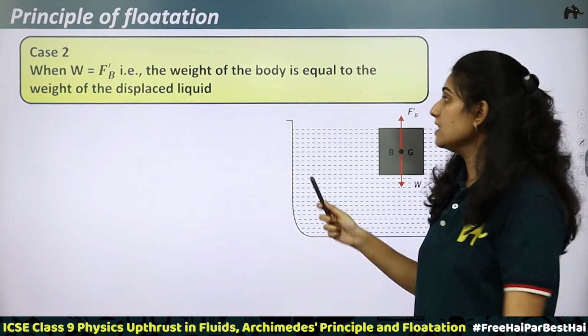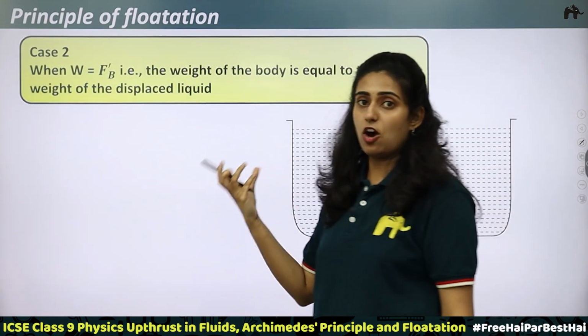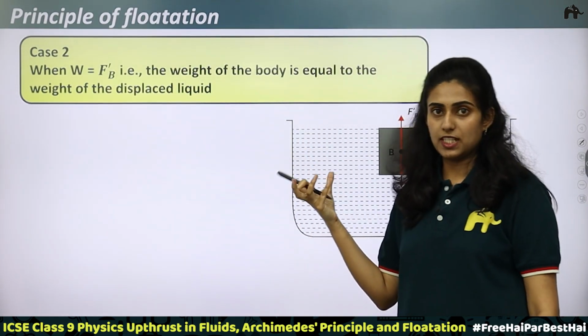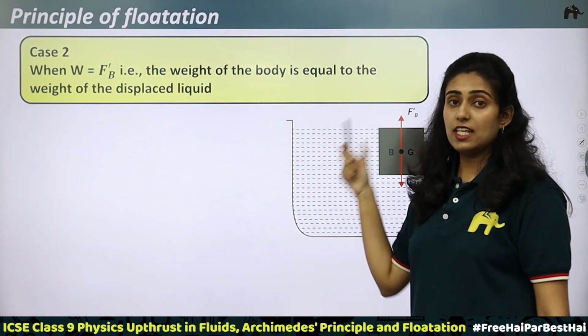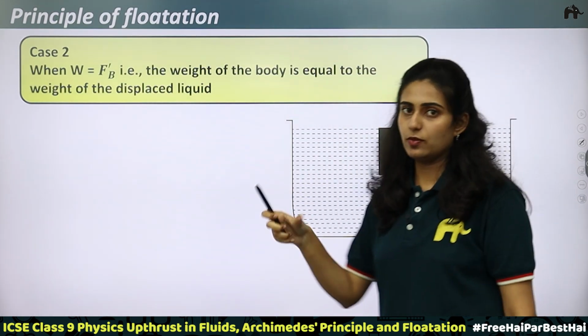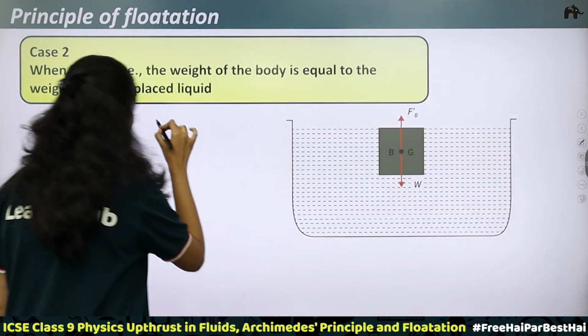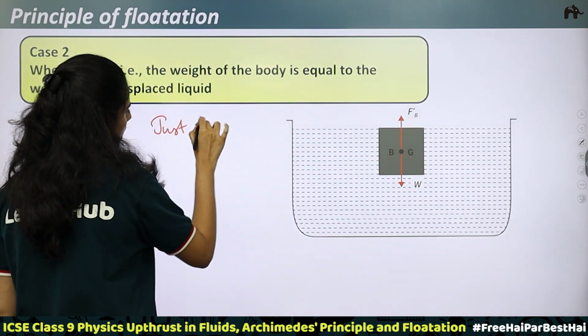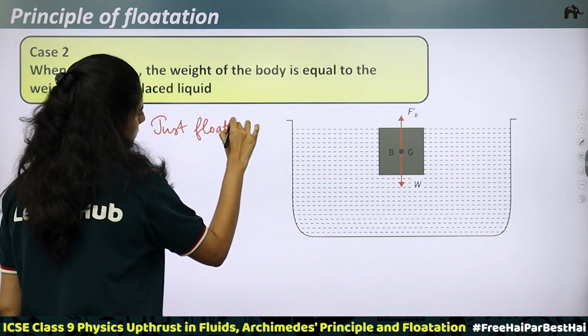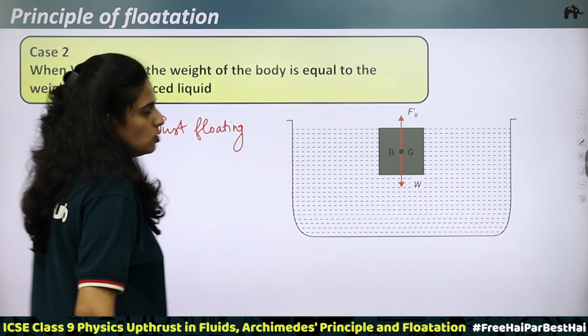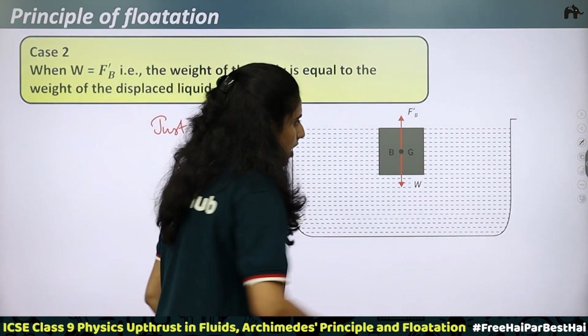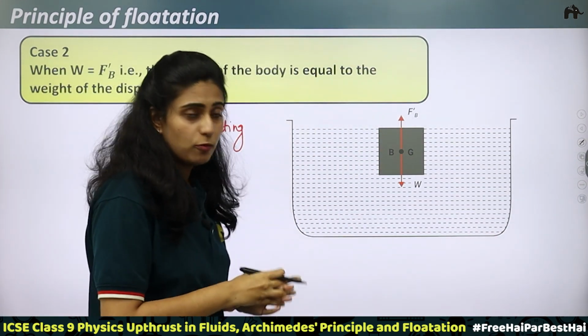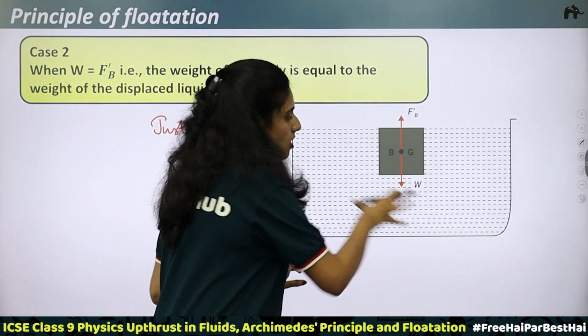Clear? Next is when the weight of the object is equal to the upthrust, or the weight of the body is equal to the weight of the displaced liquid. So this is a case of just floating. When the body is immersed, weight is acting downward and upthrust is acting upward, so it is not sinking.